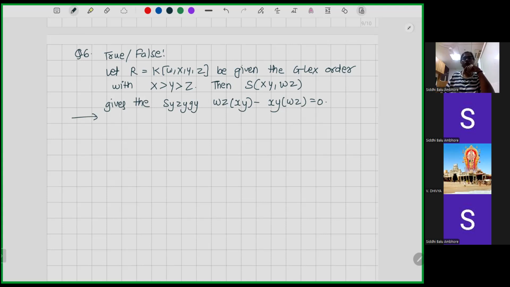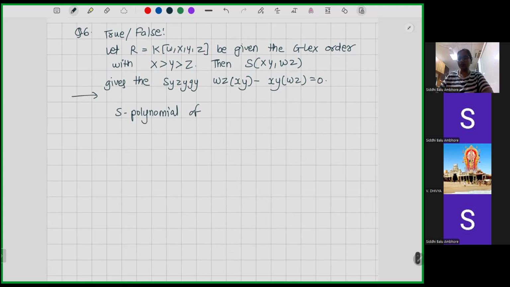Before that, I hope you remember the definition of the S polynomial. We'll see the definition of all the terms here.